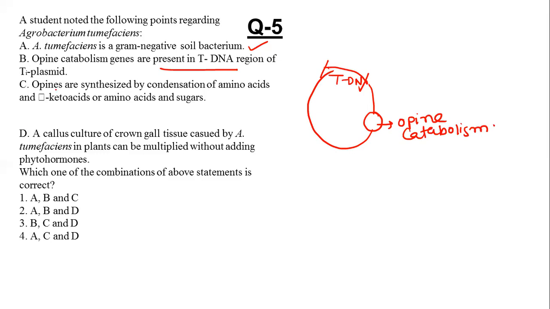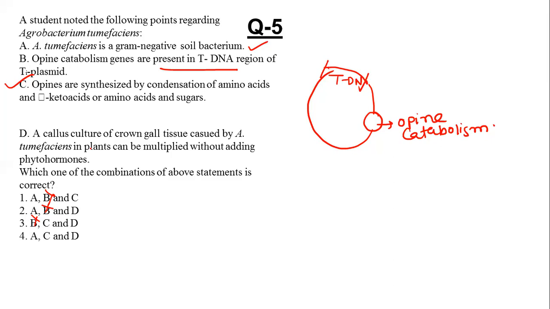Now, opines are synthesized by condensation of amino acid and keto acid. Opines may be synthesized via condensation of amino acid. The callus structure is the crown gall. Now, B is wrong, and another is that opines are synthesized by. Here it does not mention whether by the plant genome or artificially.